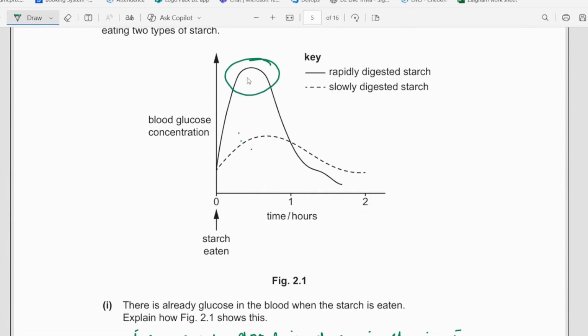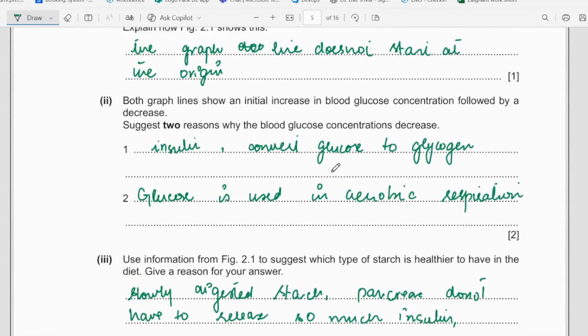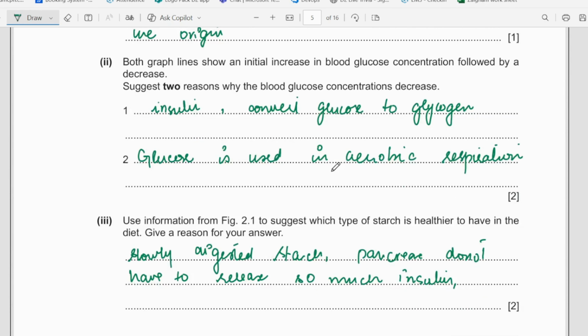This one is increasing really rapidly and decreasing rapidly, while in the slowly digested one the graph is almost the same. The spike is not really high. So what we can write is that there is less variation in the blood glucose concentration.